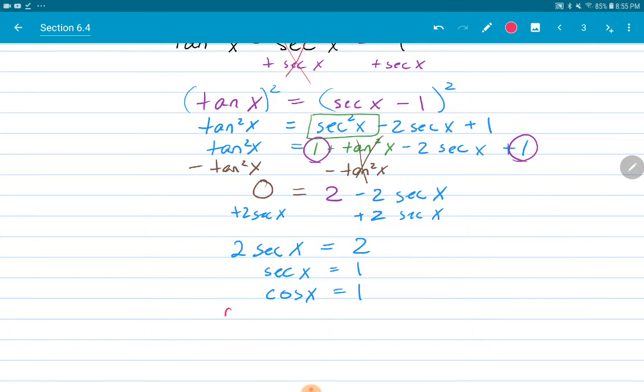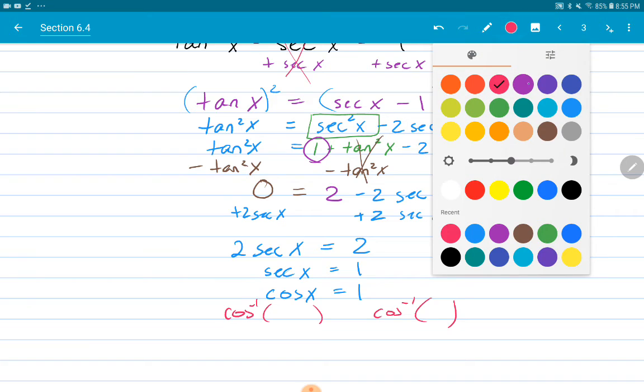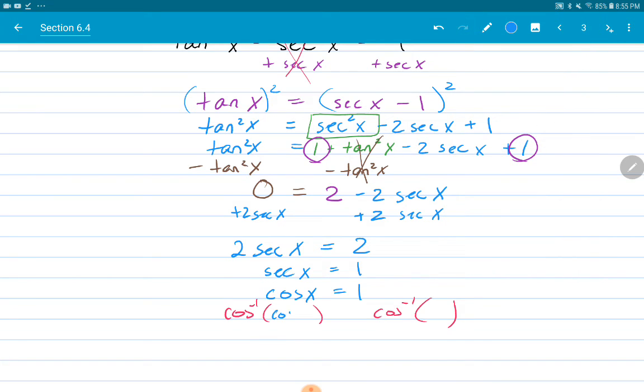I'll take my cosine inverse of both sides. So on the left, I just get x, and on the right, cosine inverse of 1 is x equals 0.